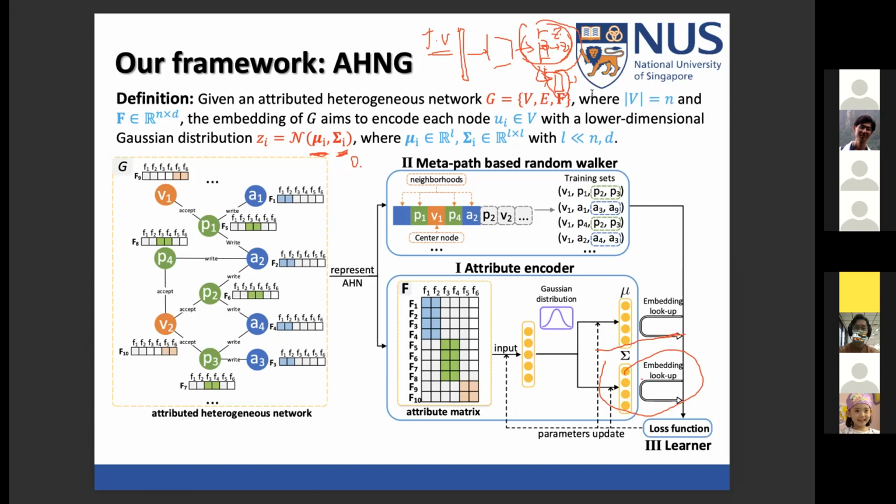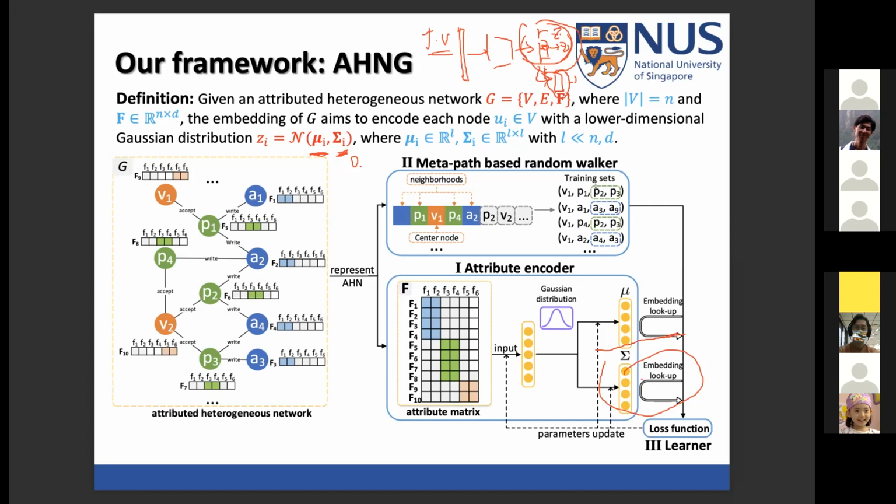Maybe I said it means that mu and sigma are both trained during training. Yes, I understand. You mentioned that mu and sigma are trained simultaneously. But suppose we have trained the model.